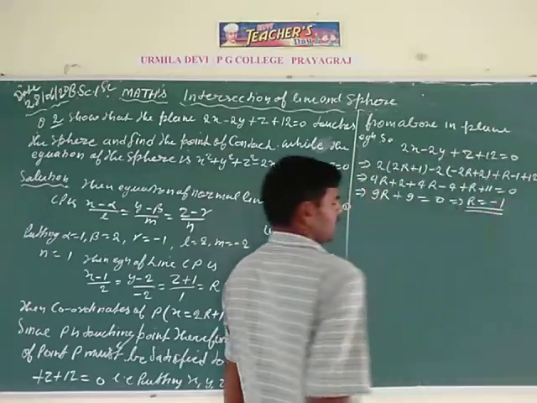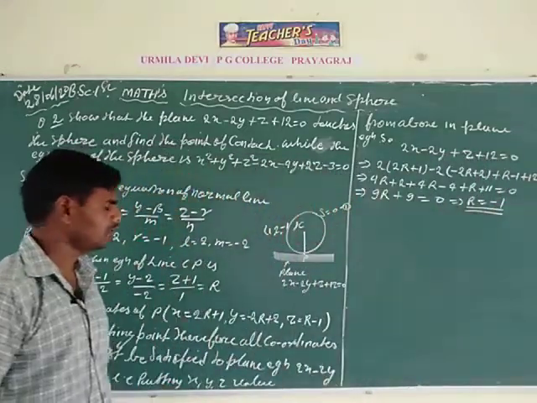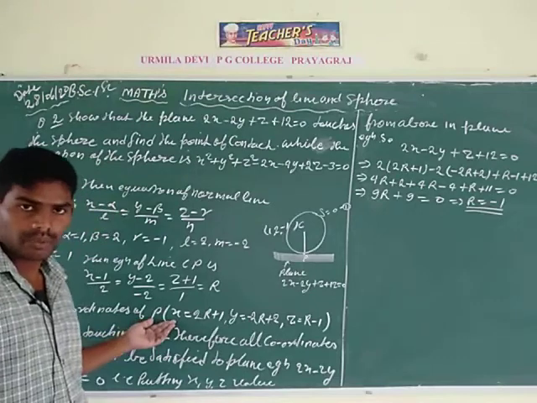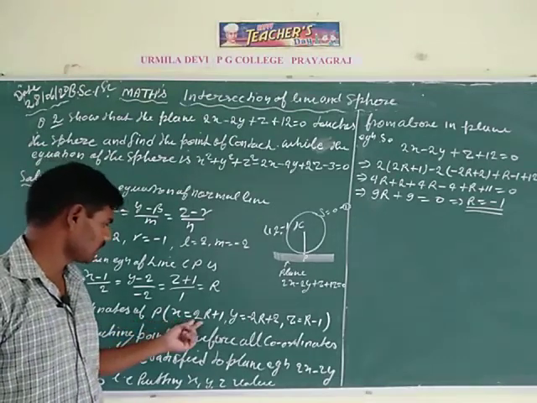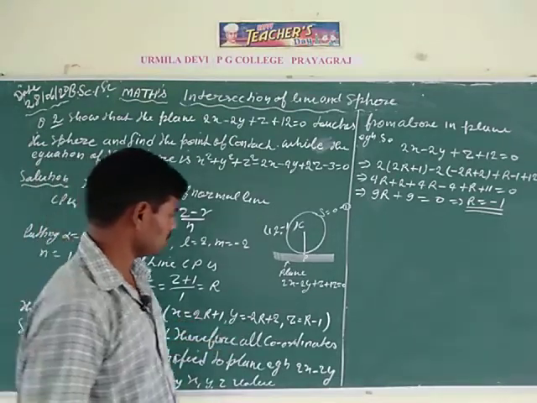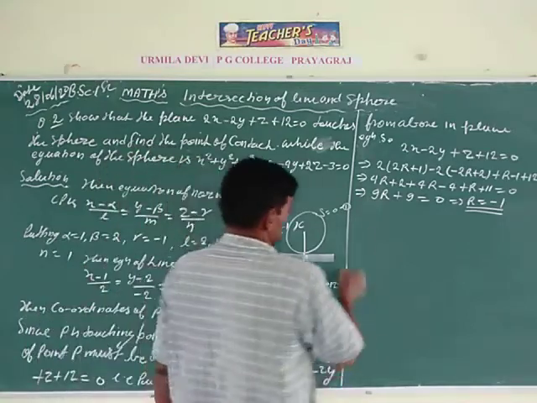Putting this value of r, r equal to minus 1, in the contact point capital P coordinates: x is equal to 2r plus 1, y is equal to minus 2r plus 2, z is equal to r minus 1.